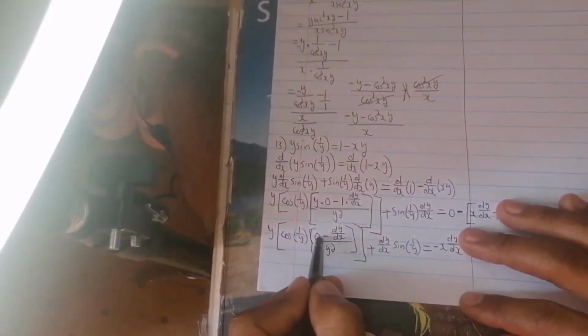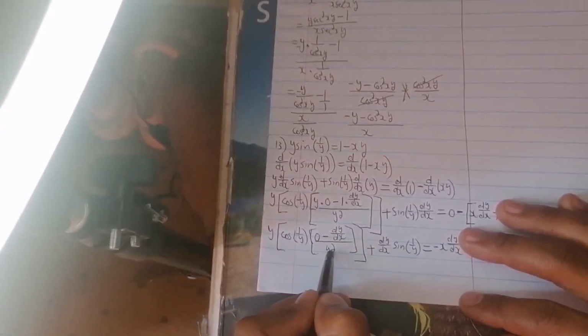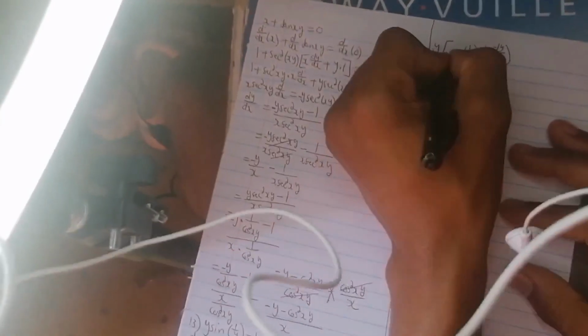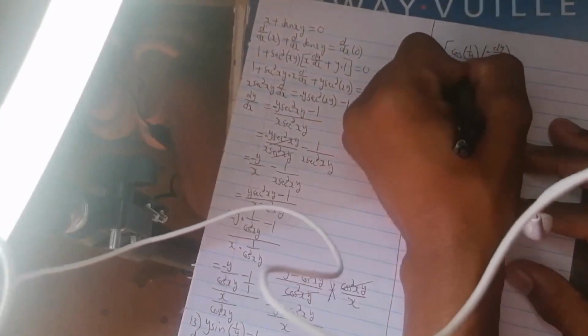So I'm having minus dy over dx for here. And that dy over dx is being divided by y squared. So I can just divide this by y squared.